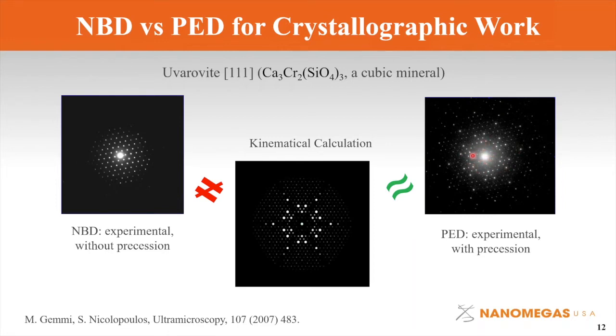As it turns out, even with a precession angle of 1 degree or lower, which is a lot lower than what others typically use, about 2 to 3 degrees, the diffraction pattern quality can still be significantly improved in two aspects.